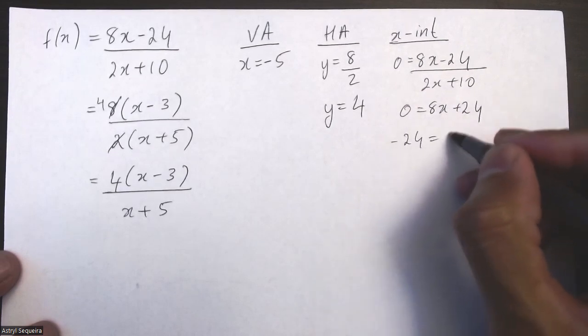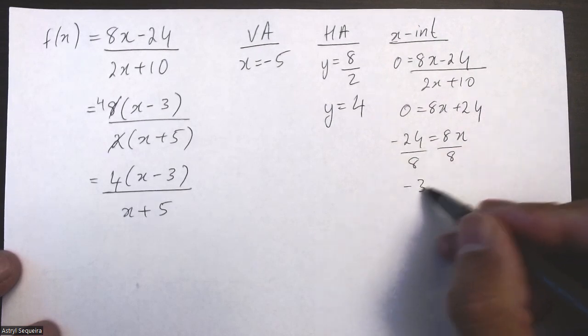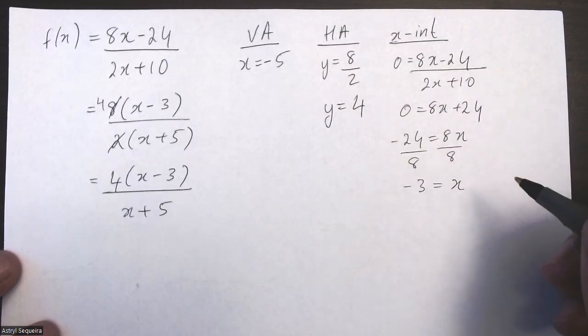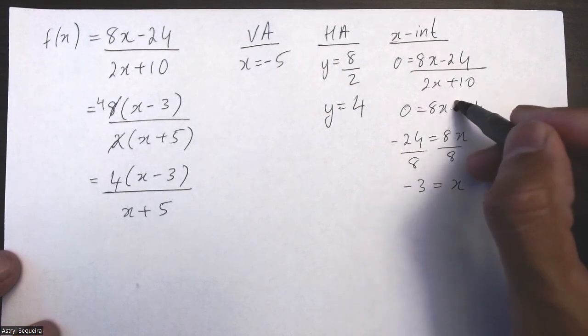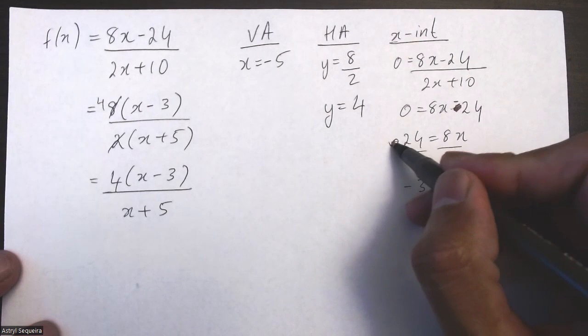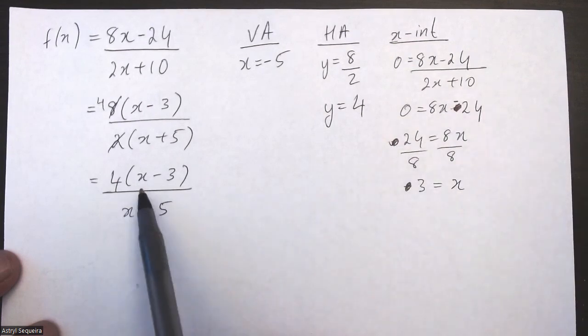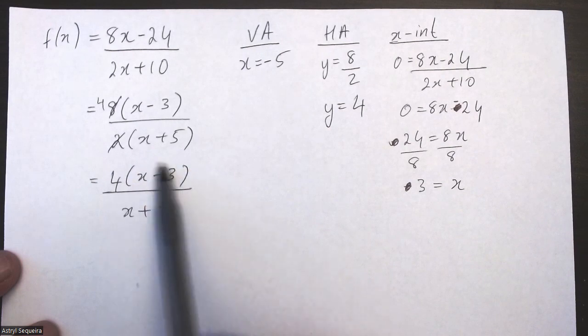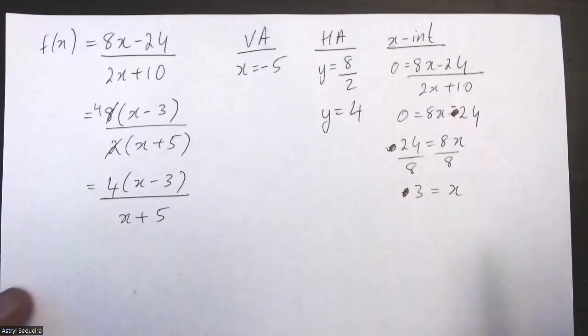Negative 24 equals 8x and divide by 8. So I'll get negative 3 equals x. Oops, no time mistake here. This is a minus, this is plus. Positive 3 equals x, that's my x-intercept, and I can tell it's a solution to the top over here as well. x equals 3, so I know that's right.